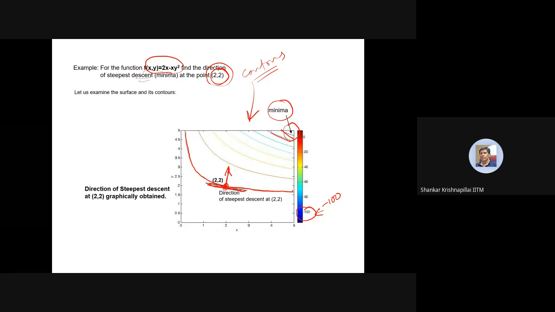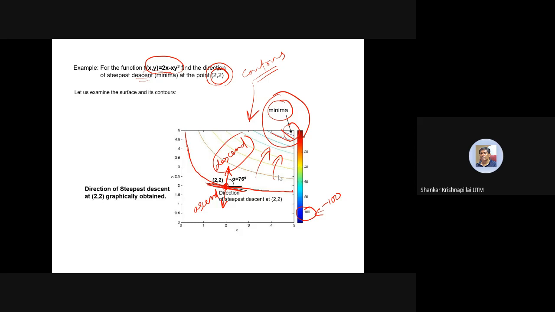The normal to the tangent can be in both directions. This is ascending, this is descending. We know that this is descending because the minima is on this side of the contour. So this is how you graphically obtain the direction of steepest ascent or steepest descent.